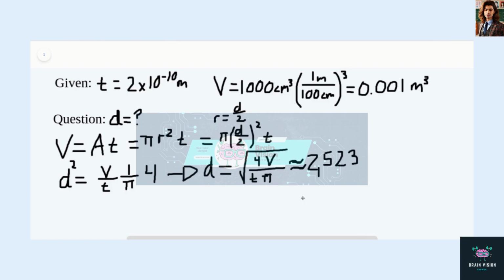This has one significant figure. So our maximum accuracy we can report to is one significant figure. So we can round this to 3,000, and this is meters, excuse me, I forgot dimensions. 3,000, or 3 times 10 to the third meters. Go ahead and box that in.